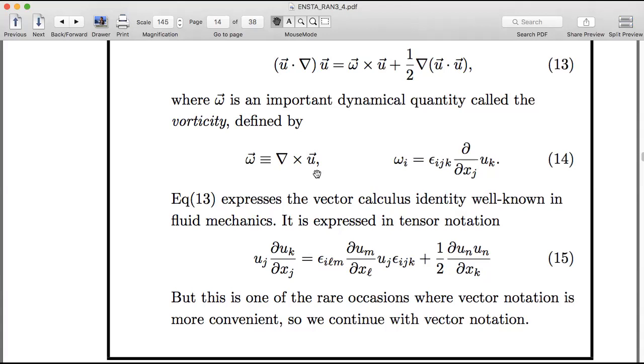If I'm talking about the vorticity over there, it's the rate at which the fluid is spinning about an axis over there. So it's different than angular momentum, but it's somehow related because it's related to a rotational motion. And that's its definition.